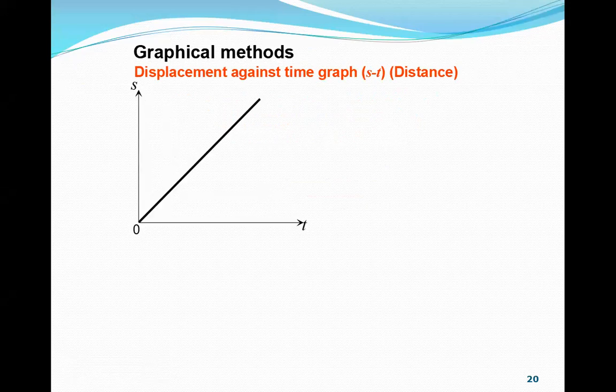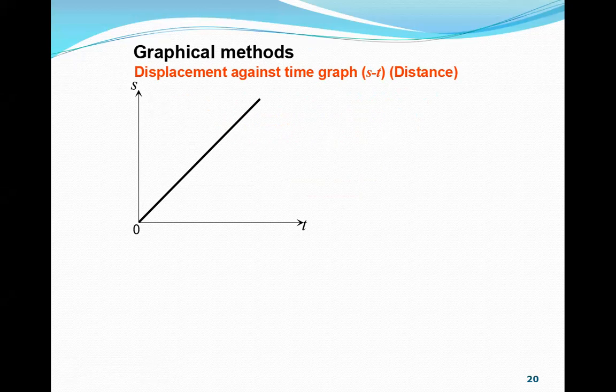I have a straight line here. Meaning in the ST graph, I have a straight line. What is the gradient of this line? This distance divided by time, distance upon time, is equal to speed.